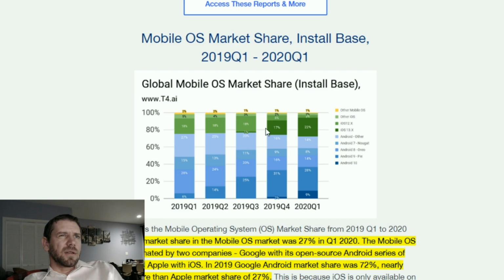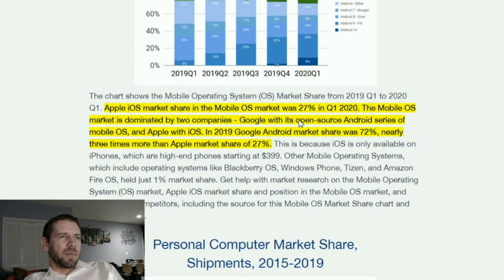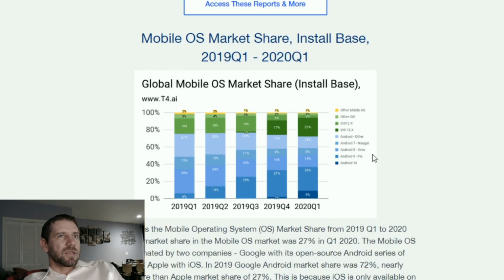So they have a massive gain when it comes to market share on their operating system install base, which is what I really care about, right? Because for every percent of install base, they're exponentially gaining more and more revenue, because the App Store is its own ecosystem.